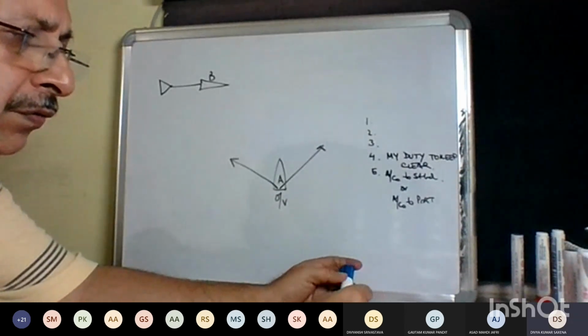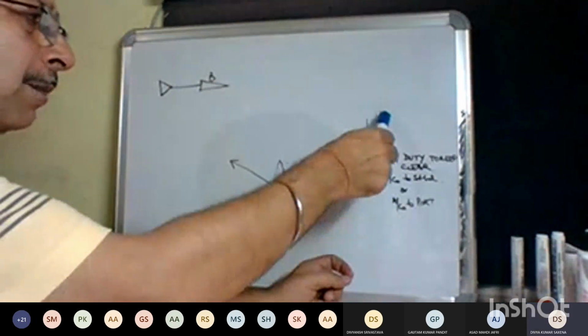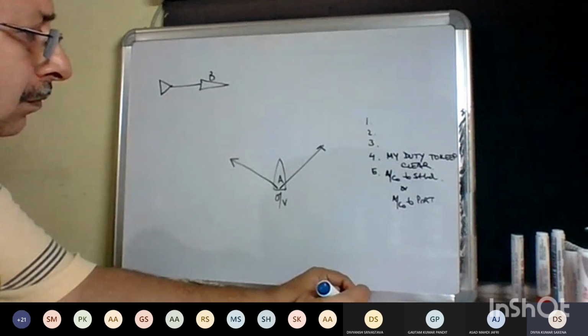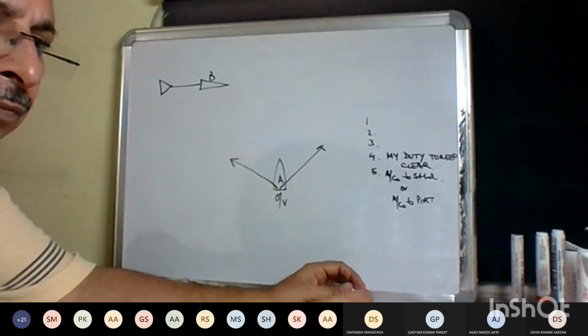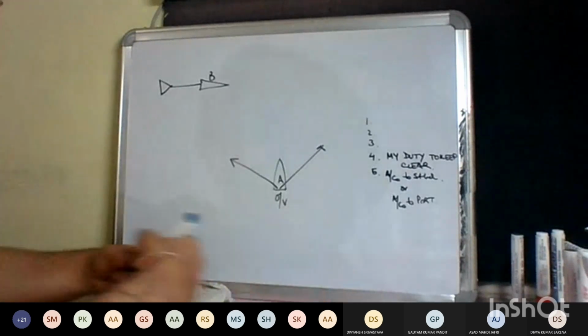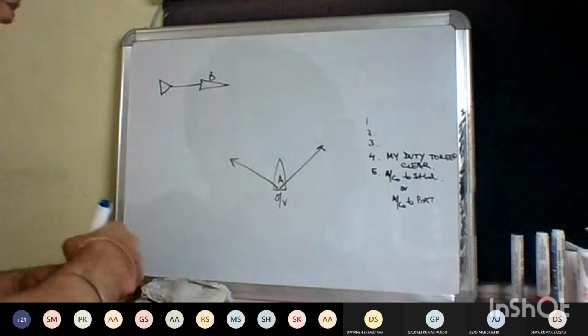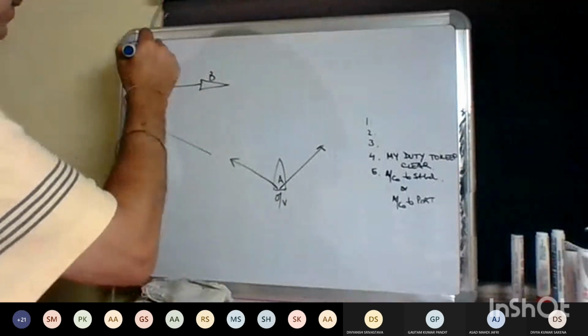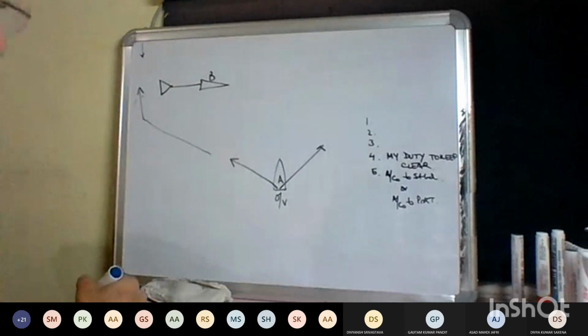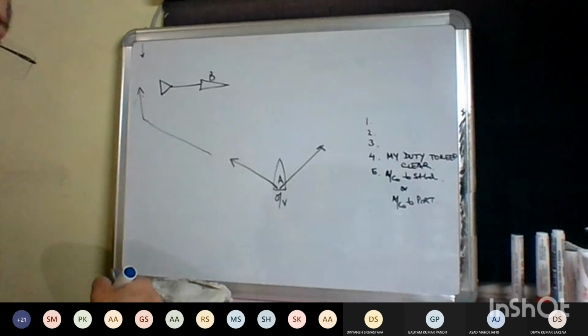Risk of collision exists, then alter to port, sir. And if you alter to port and you go like this, and now there is a vessel coming down over here like this, now what will you do?